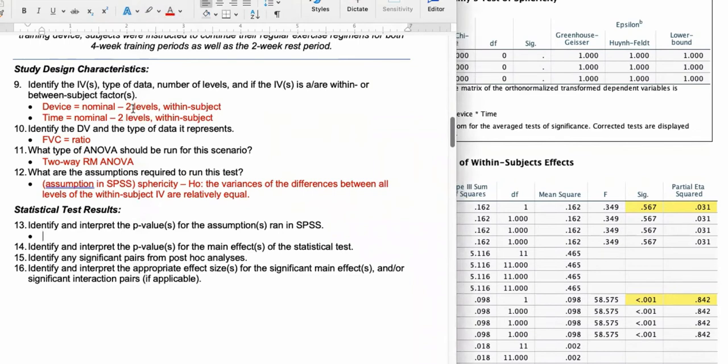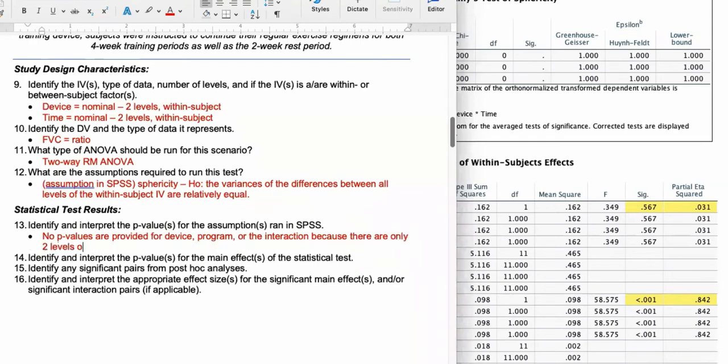We would say something like, no p-values are provided for device program for the interaction because there are only 2 levels, or 2 levels for each independent variable.